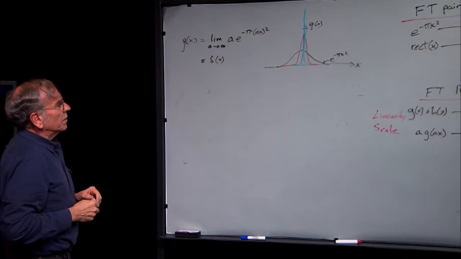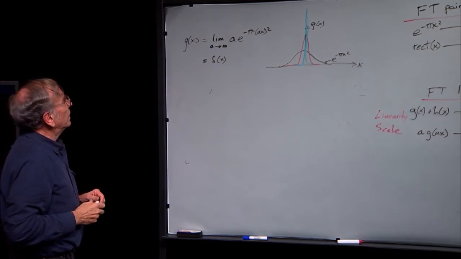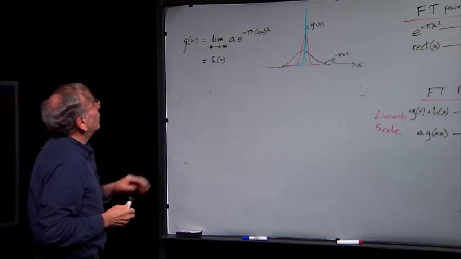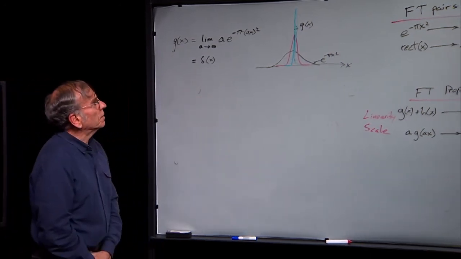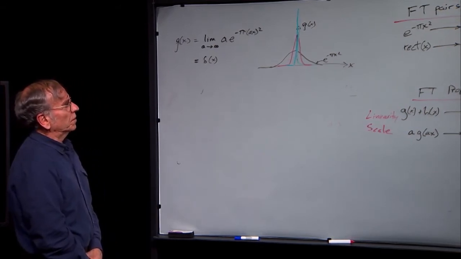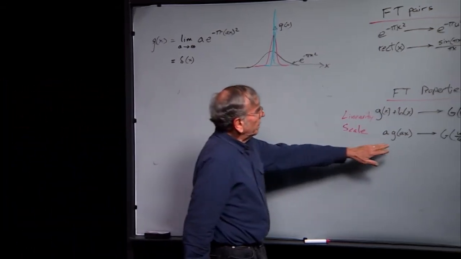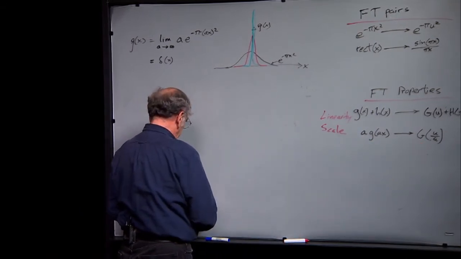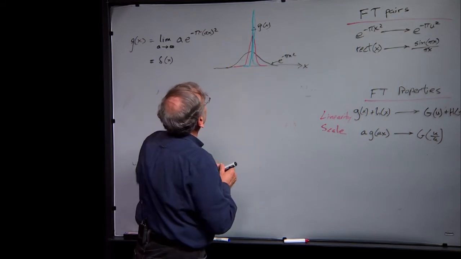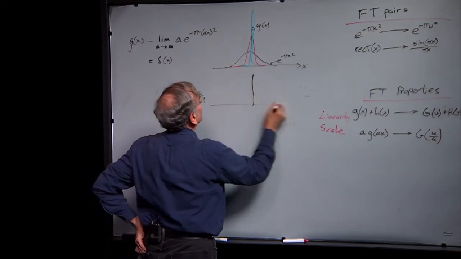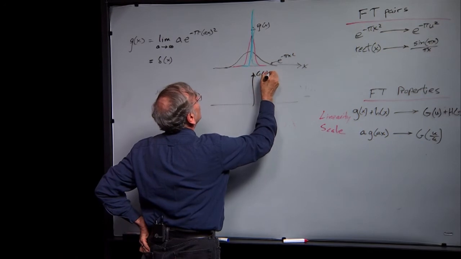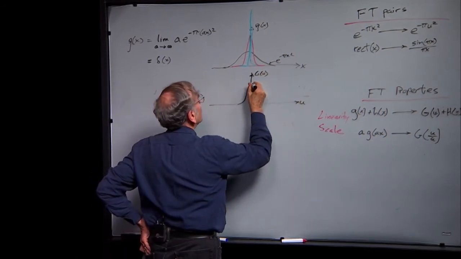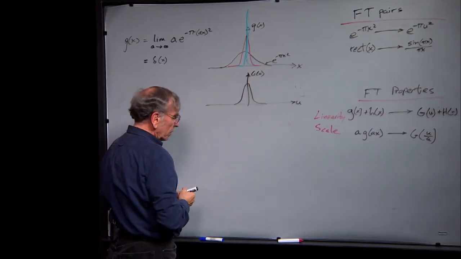The delta function has some really cool properties that we're going to make use of. But before that, let's think about what the Fourier transform of a delta function is. If we look at the scale property and compute the Fourier transforms, here's g of u as a function of u. Here's my original one, one of these Gaussians.